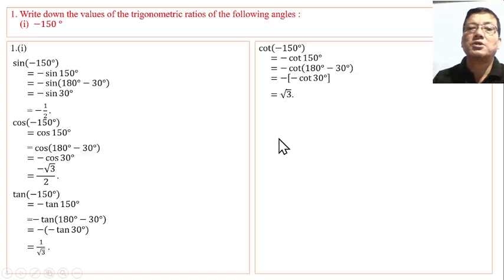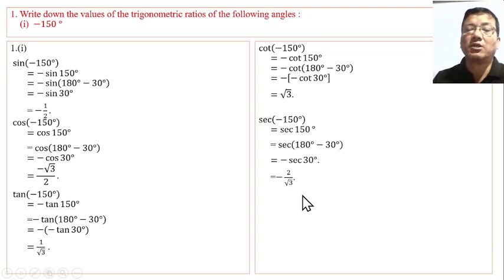Sec of minus 150 is the same as sec of 150, which is sec of 180 degrees minus 30 degrees. Sec stays sec, and in the second quadrant sec is negative, so minus sec 30 degrees, and the value of sec 30 is 2 by root 3.